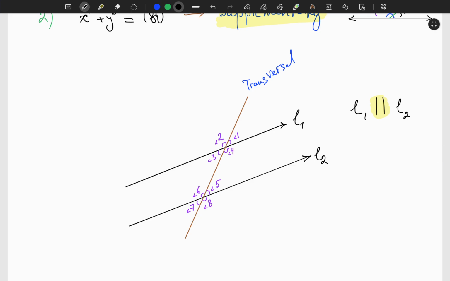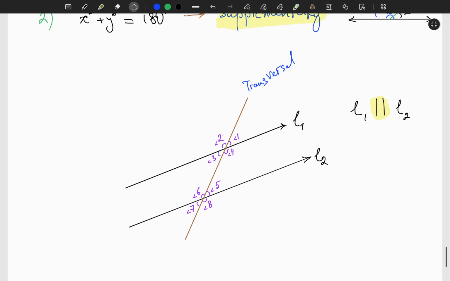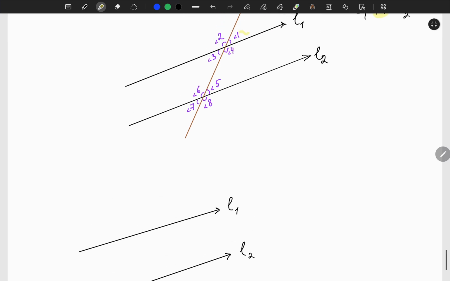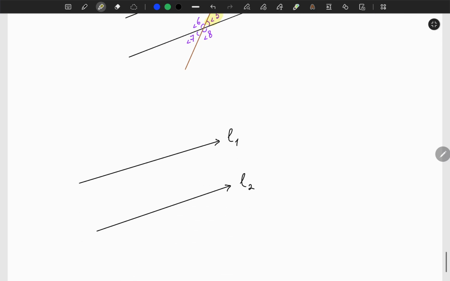But how? It's obvious stuff. Let me do it in here. These two lines, line 1 and line 2. I'm just going to work right now with these two angles, angle 1 and 5.